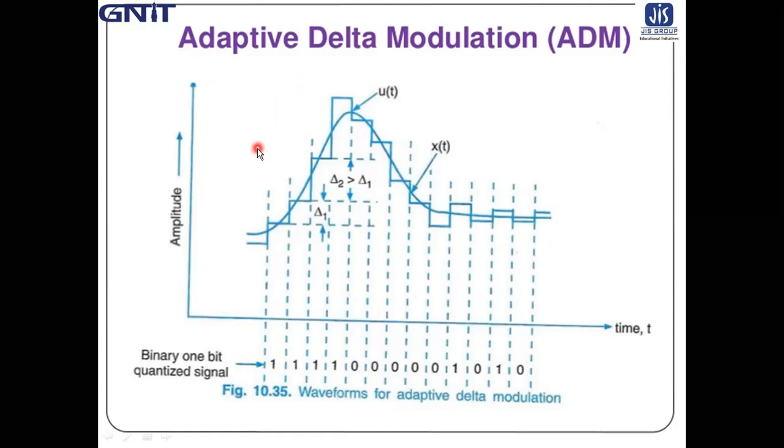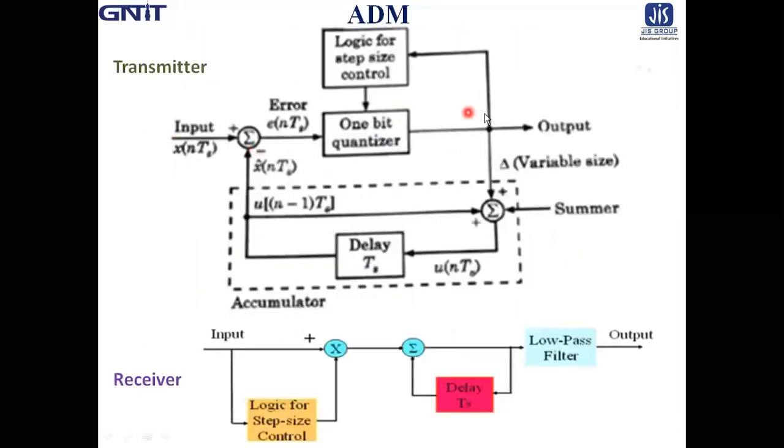Now how can it be generated? It is simple. The block diagram is simple, like delta modulation. Just one addition is the logic for step size control. Here a logic is written which controls the step size: how it can be enlarged or reduced, and what amount is required to reduce it.